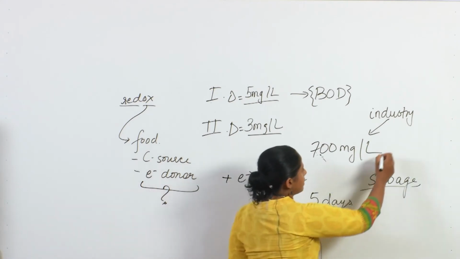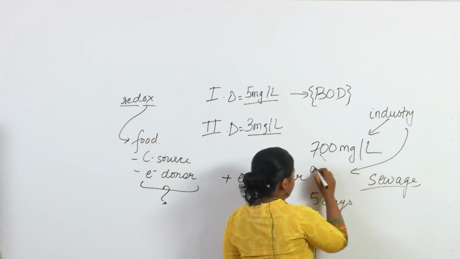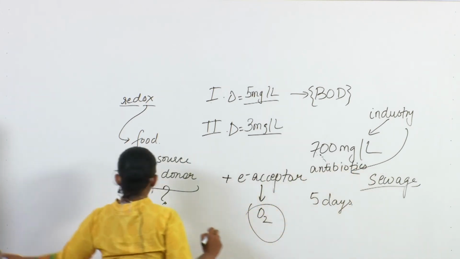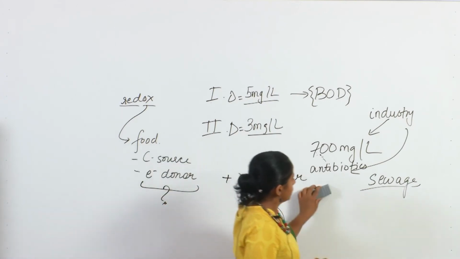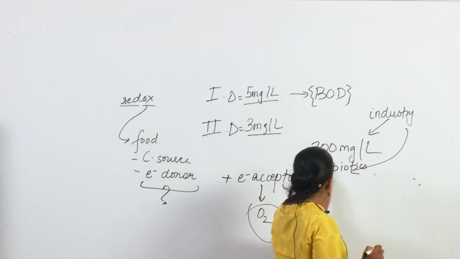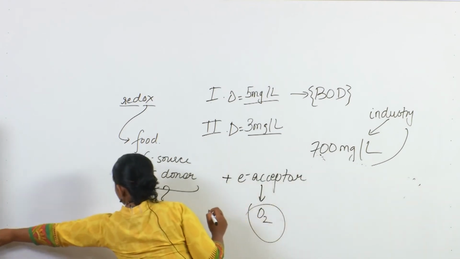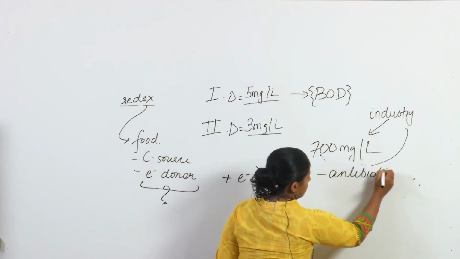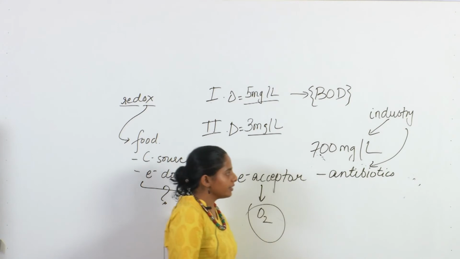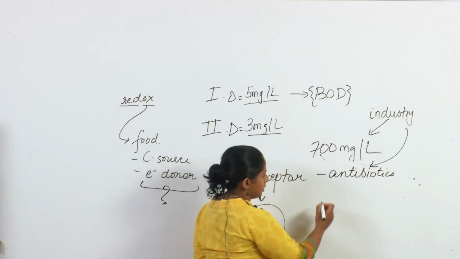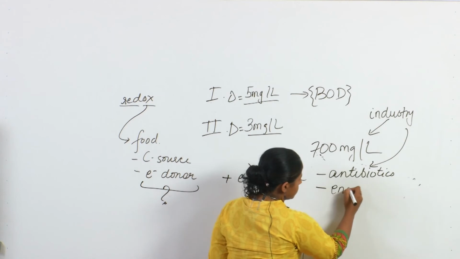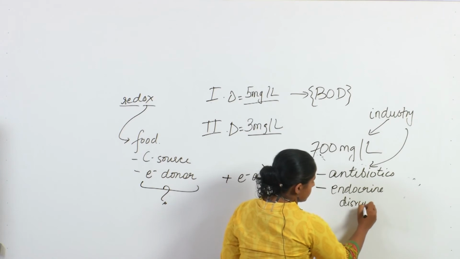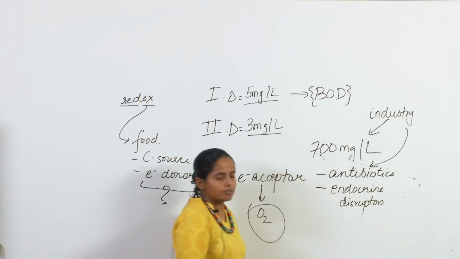For example, they might be releasing a lot of antibiotics, the pharma industry, or they might be releasing a lot of endocrine disruptors, which are basically chemicals that hurt us, hurt our endocrine system, and thus upset our hormonal cycles.